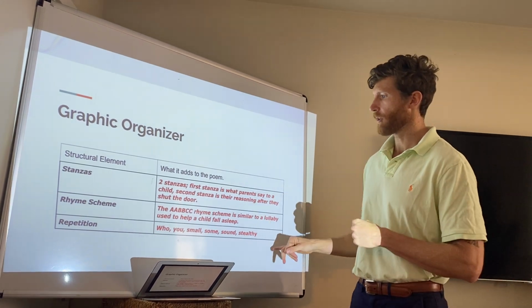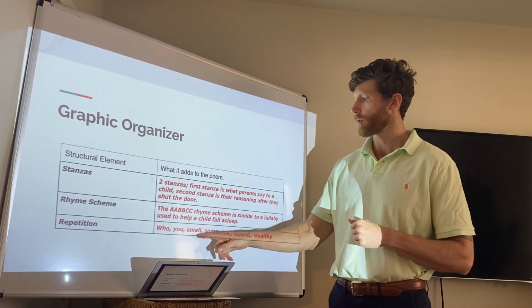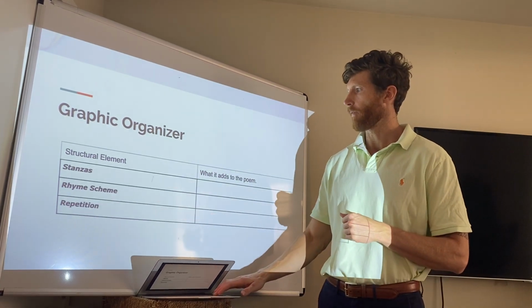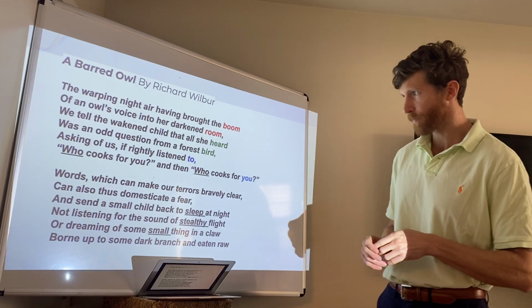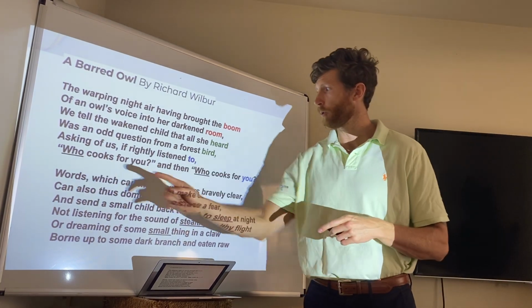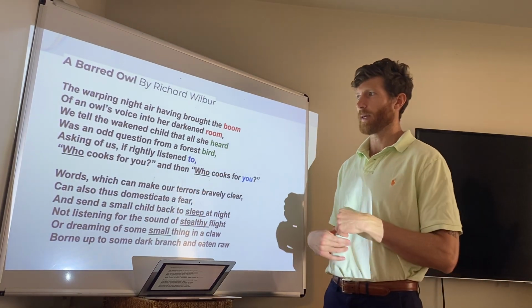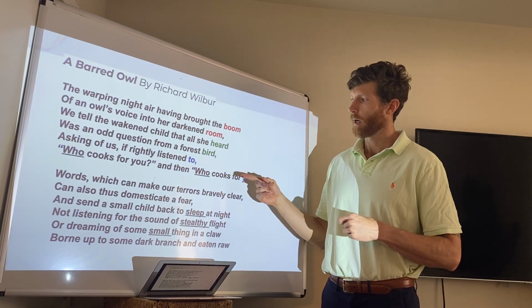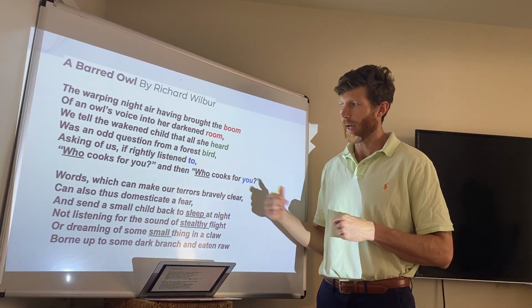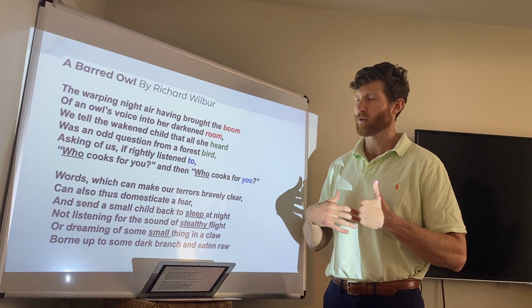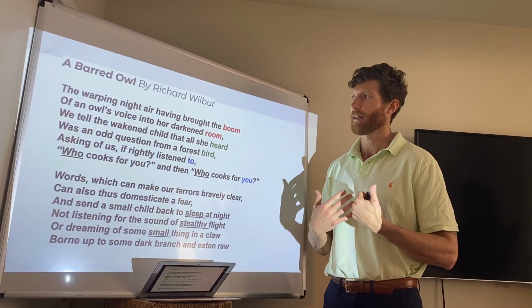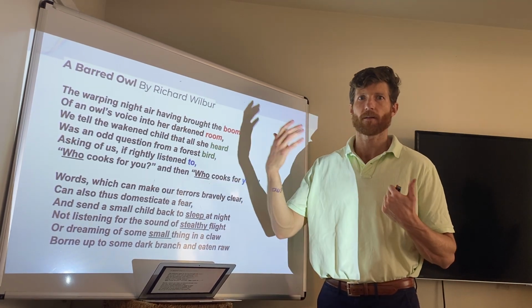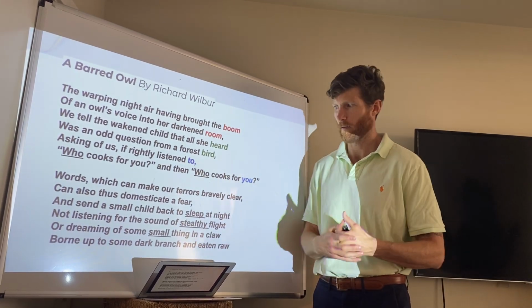And in terms of repetition, we've got who, you, small, some, sound, and stealthy. So if I go back and look into the poem, okay, who and who is repeated here, right? Who cooks for you and who cooks for you? The author repeats this line because they want to create a sound device that mimics that of an owl making sounds during the night, the who sound, okay?